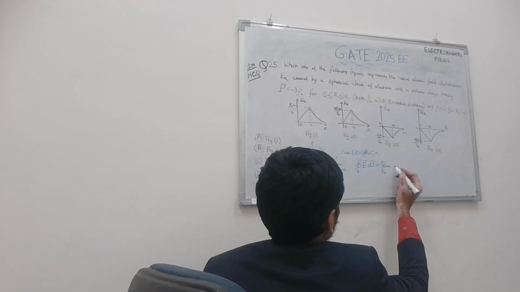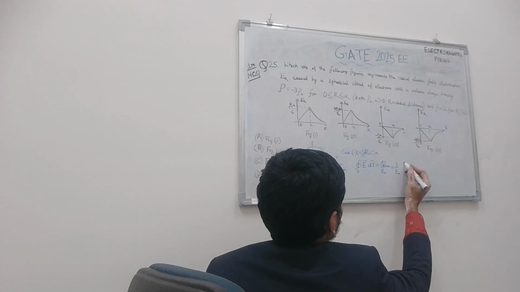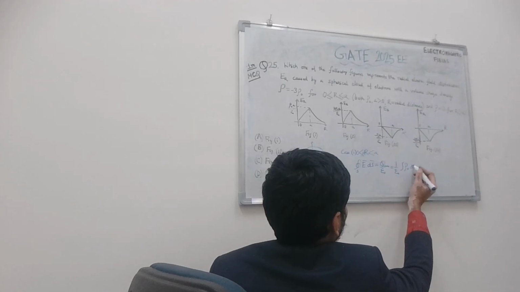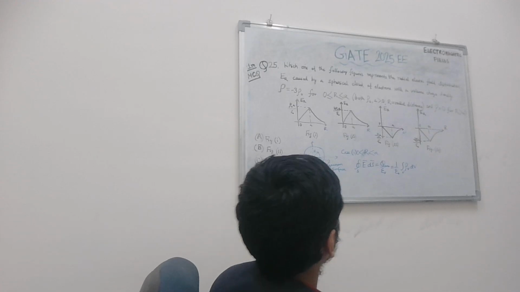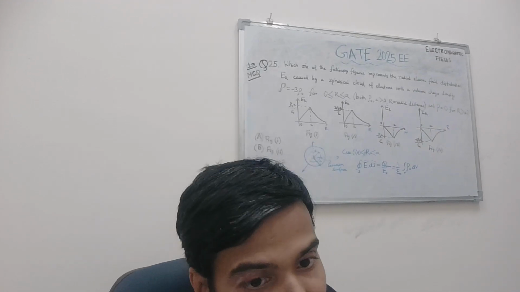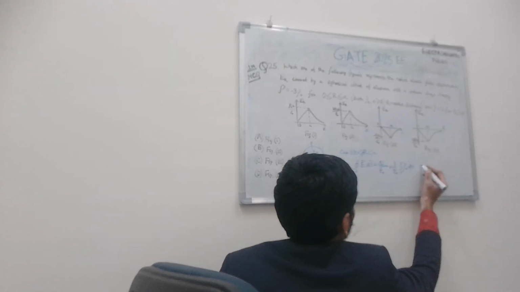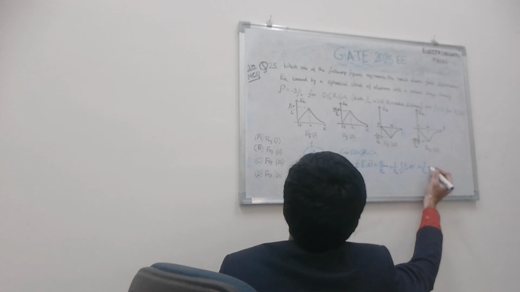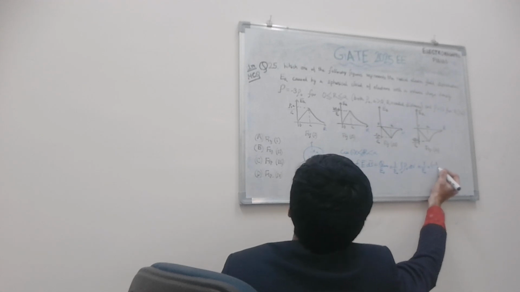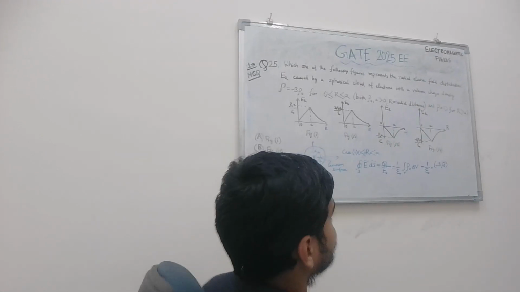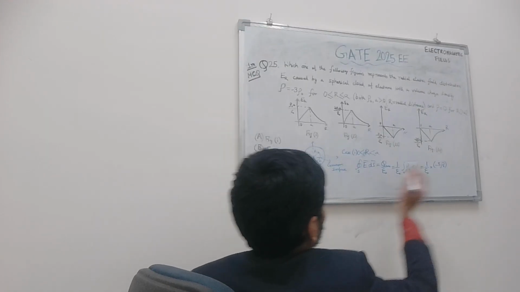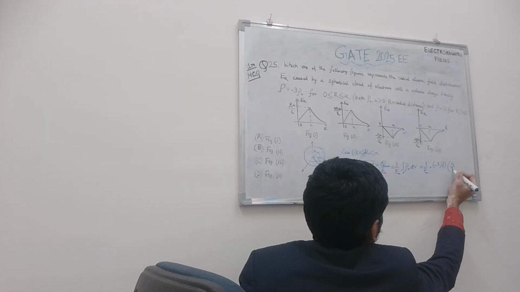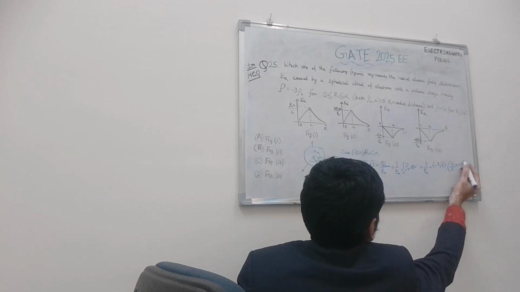The volume integration of volume charge density, 1 by epsilon naught integration rho v dv over v. Now for this case rho is a constant. So it becomes 1 by epsilon naught times minus 3 rho naught integration dv, that is the volume of this sphere. What is that? 4 by 3 pi r cube.